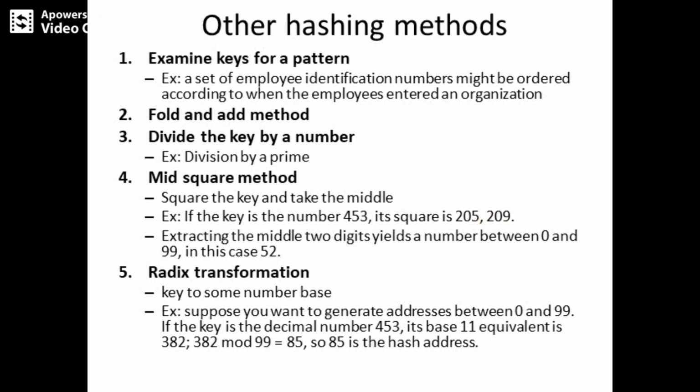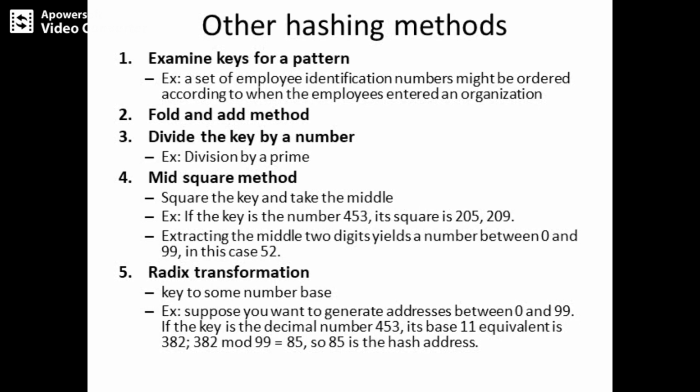Extracting the middle two digits yields a number between 0 and 99. In this case it is 52. So that is the mid square method. If your address space is larger, you can also go for a 3 or 4 digit number. It depends on how much memory you have.